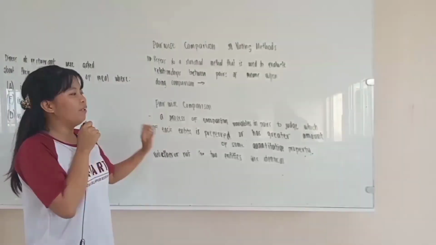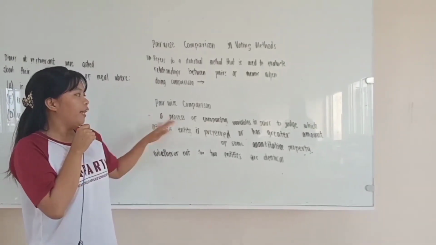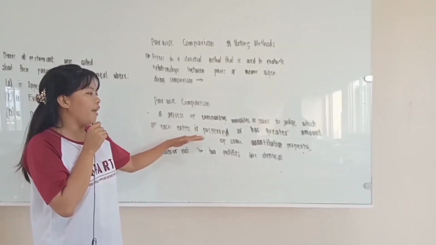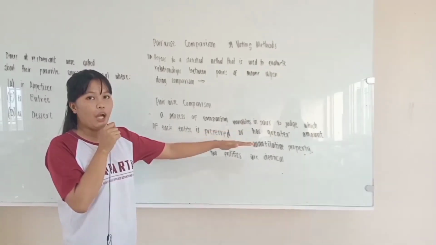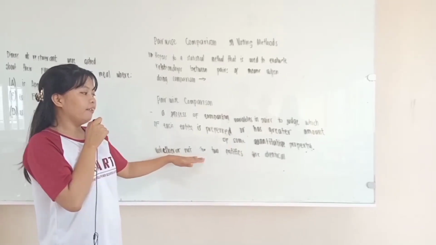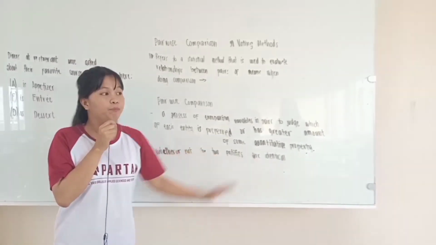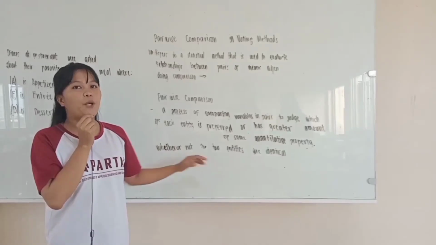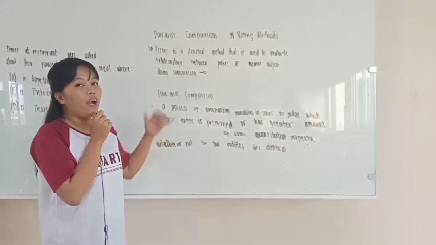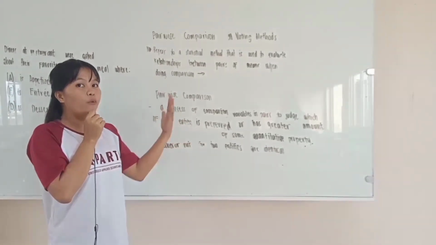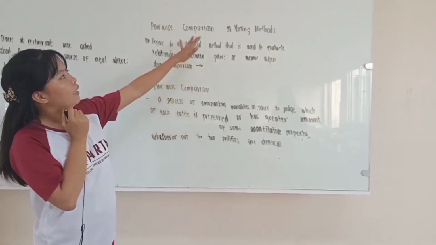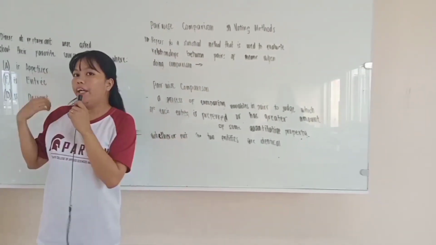Another meaning for pairwise comparison, in general, is a process of comparing variables in pairs to judge which of each entity is preferred or has a greater amount of some quantitative property, whether or not the two entities are identical, having a higher or lower number of votes. Another example is comparing the number of votes at diners.